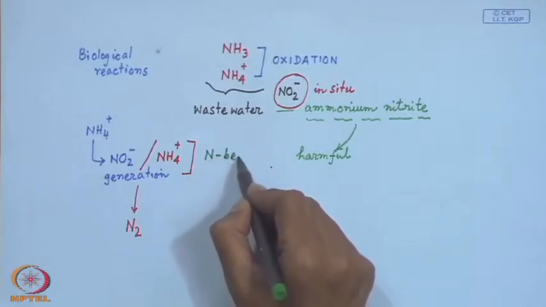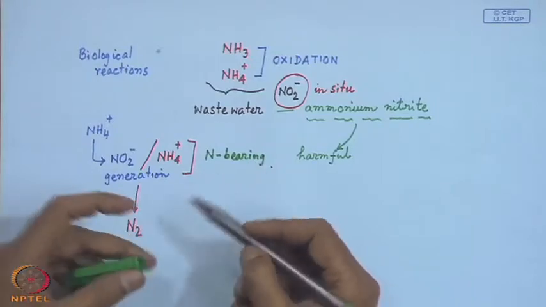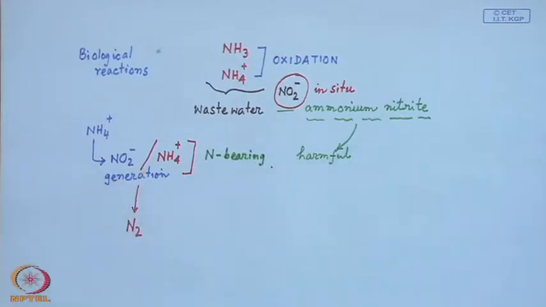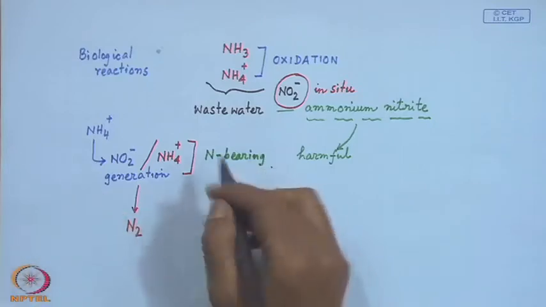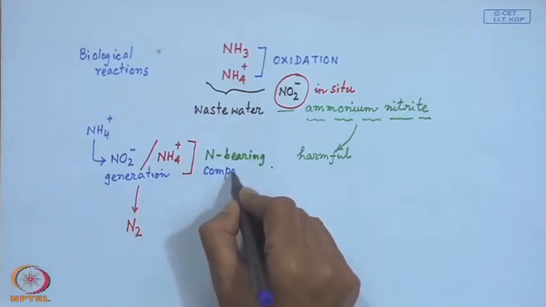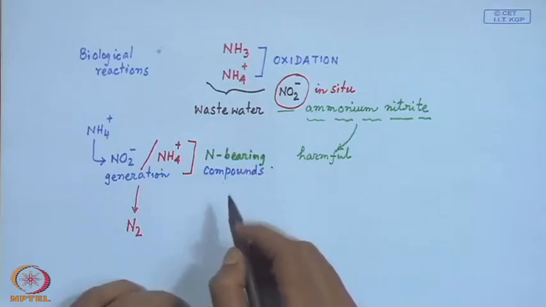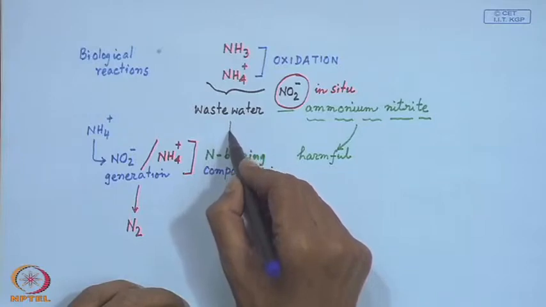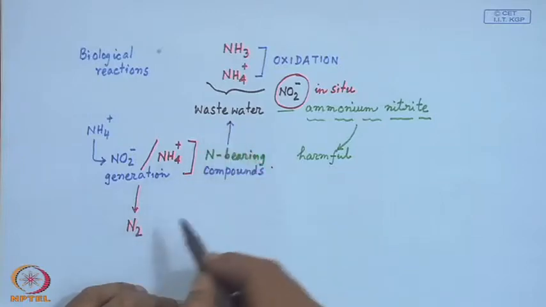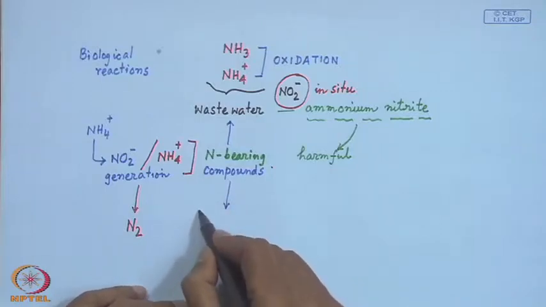So, if we have several of these nitrogen bearing compounds in our hand, they are basically also present in the wastewater. There are several nitrogen bearing compounds also present in industrial wastewater.